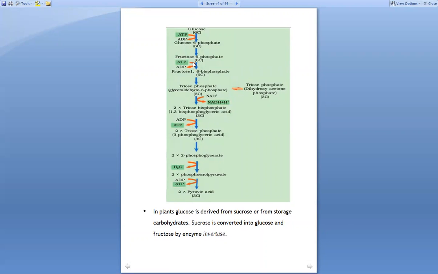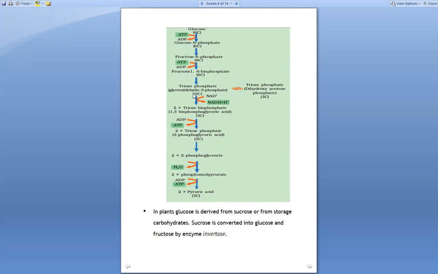As this whole sequence is running, DHAP is getting converted into glyceraldehyde 3-phosphate, right? So already we have one glyceraldehyde 3-phosphate, and another is being formed upon the conversion of DHAP. So now we will have two molecules of glyceraldehyde 3-phosphate, right?